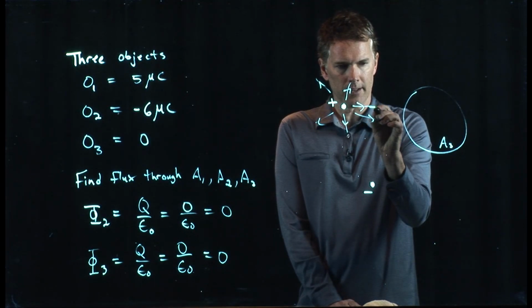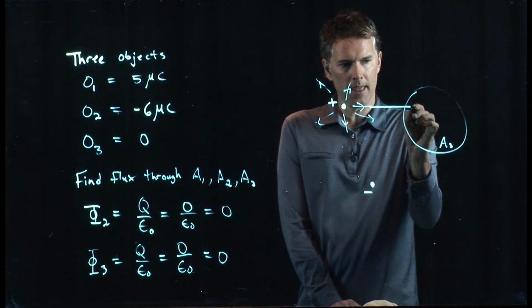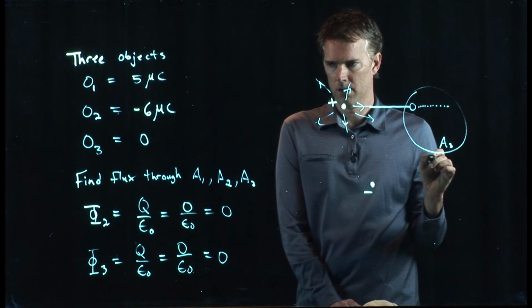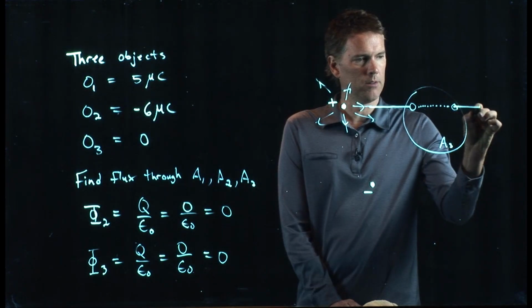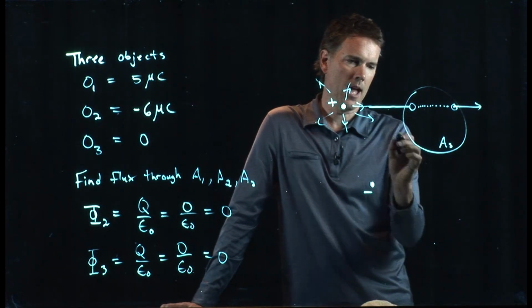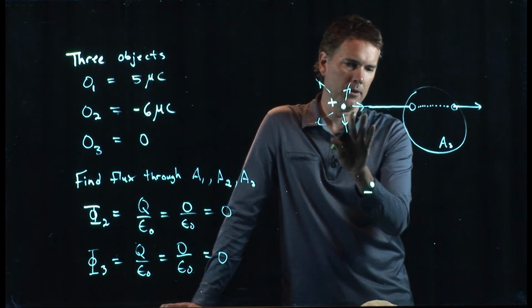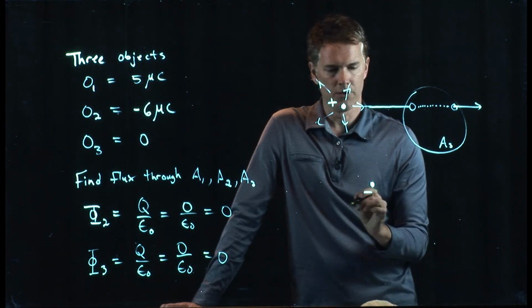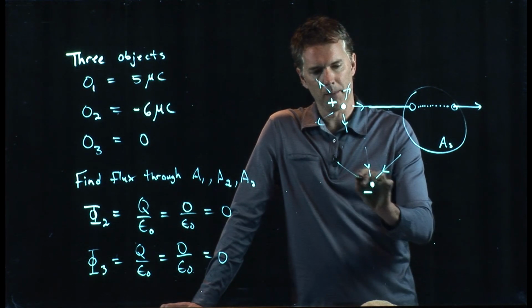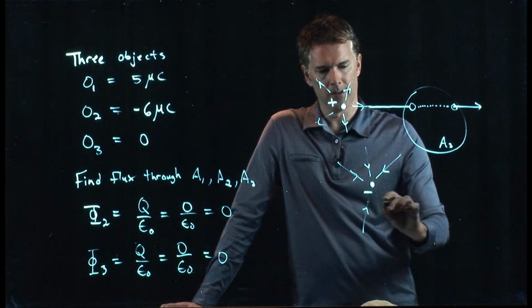And so this field line doesn't just stop, it's going to keep going, and then it goes into A3, but then it comes back out of A3. And we don't have to draw that one. Let's think about the negative charge. The negative charge also has field lines, but they're coming in to the negative charge.